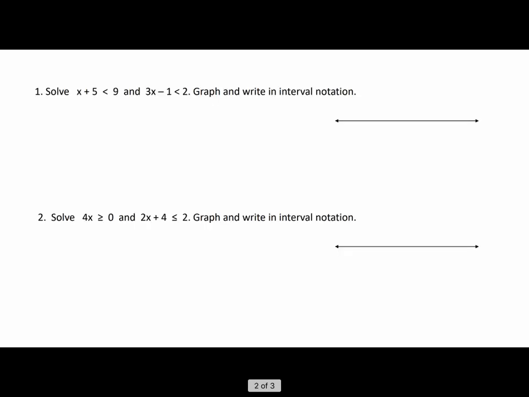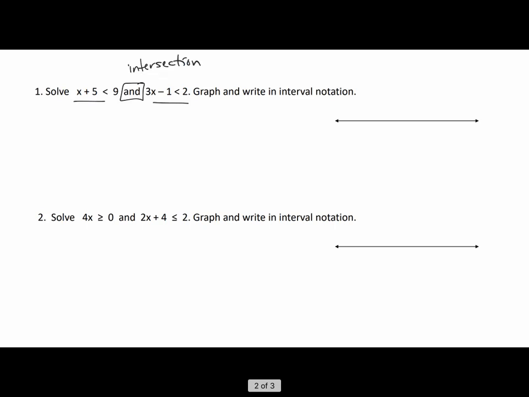So we're going to be looking at compound inequality statements where the solution is the intersection of the solutions for each of the statements. So for the first example, we have two inequality statements, and between them is the word "and," so that's how we know we're looking for the intersection of the solution sets here.